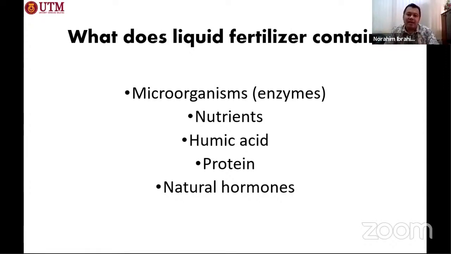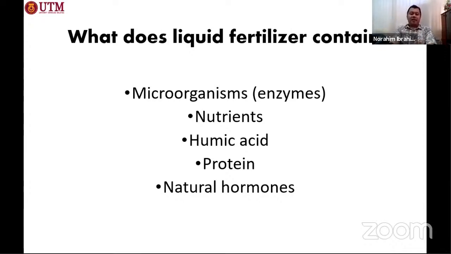That is why itulah perbezaan yang paling ketara dengan baja kimia dan baja organik. Because in chemical fertilizers, they don't contain microorganisms. So dia memang tak natural langsung. That is why we call them synthetic fertilizer.